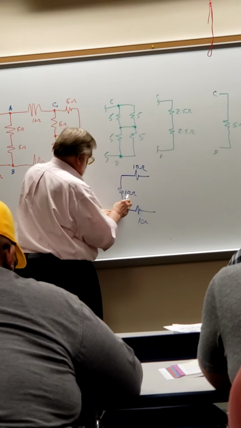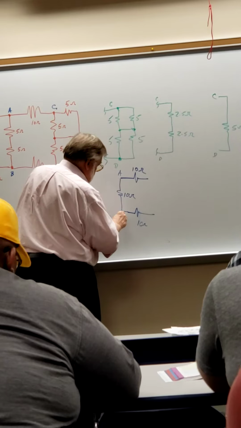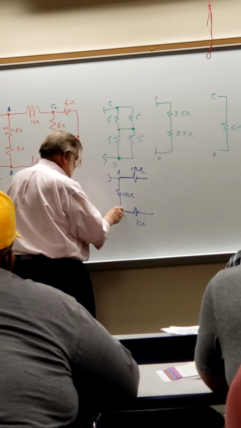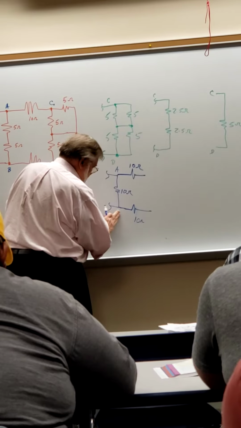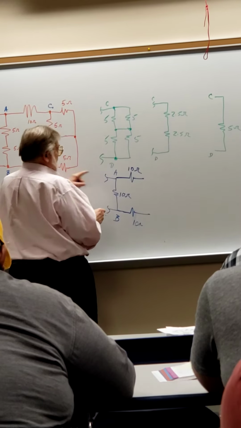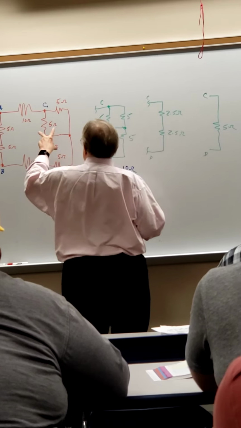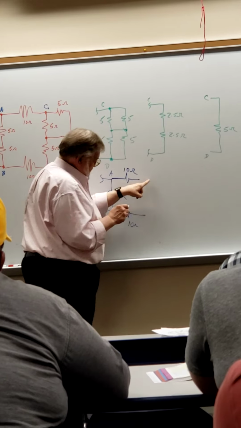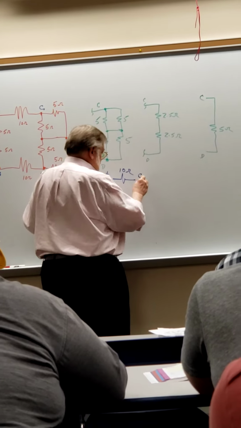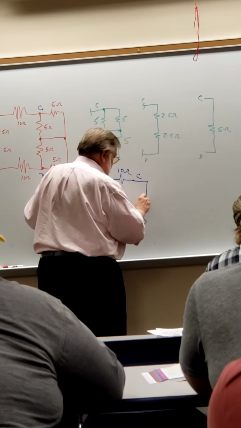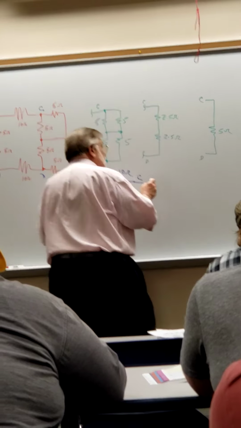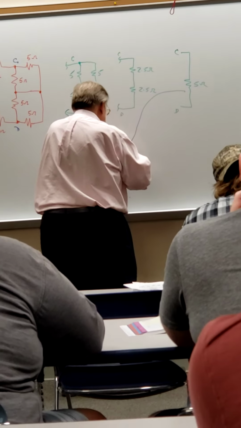I'm gonna put the A above here and B, so you can see that I've just broken it here. And now I've got my 5. This between C and D, here's C and D, and it becomes a 5. So this guy comes down here.